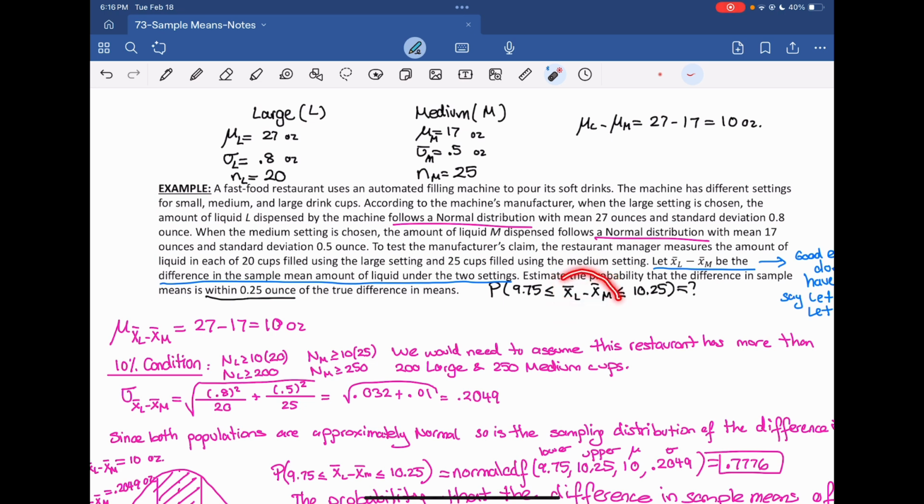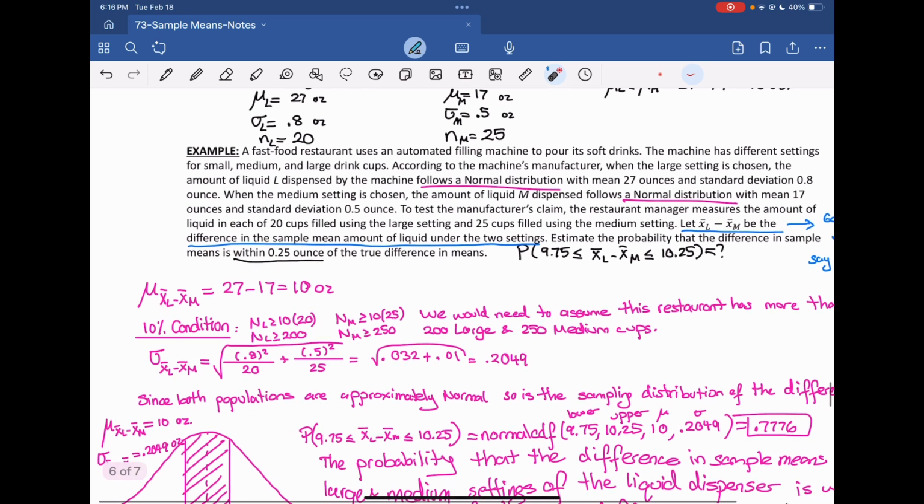We're looking for this to be between these two values. How do I know that? It says, estimate the probability that the difference in the sample means is within 0.25 of the true difference. These are considered the true difference, the population difference. It was talked about in lesson 7.1, the word true implying the true population.